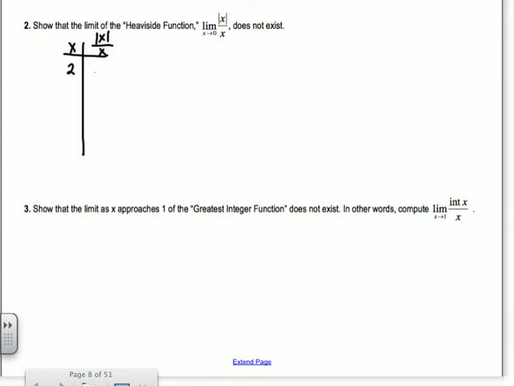Absolute value of 2 divided by 2, what's it going to be? 1. 3? It'll be the same for everything. It's always 1. When is it not 1? Negative, -2, right? Then it's positive over negative, it's -1. So it's always 1 or -1.